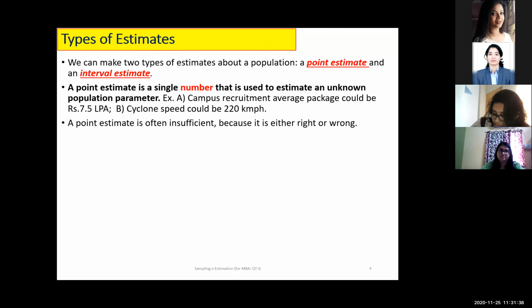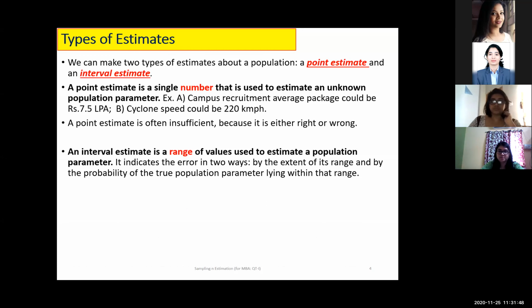Now a point estimate, as I just told, is often insufficient because it is either right or wrong, because you are telling a number and you have a high chance of being wrong. An interval estimate is a range having a lower limit and an upper limit, and you estimate about the entire population or what is going to happen in future.